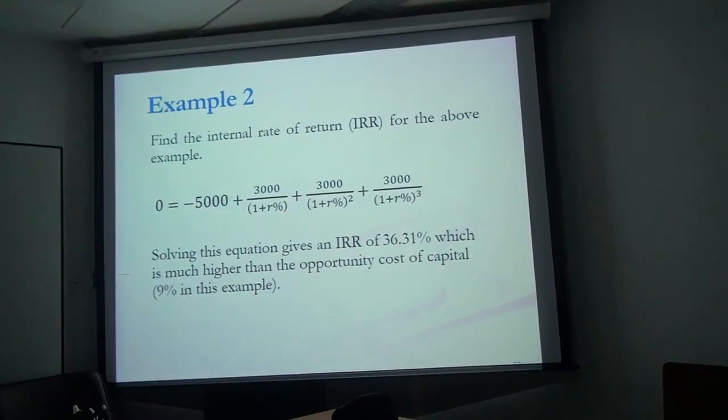If it is positive, we increase R. For example, initially we put 10% and found NPV positive, then we increased to 50% and saw that the net present value is negative. So we keep iterating, increasing from the lower side and decreasing from the higher side. Eventually we get the IRR equal to 36.31%. Nowadays we have built-in formulas in Excel and so on, so they can do our job easily.